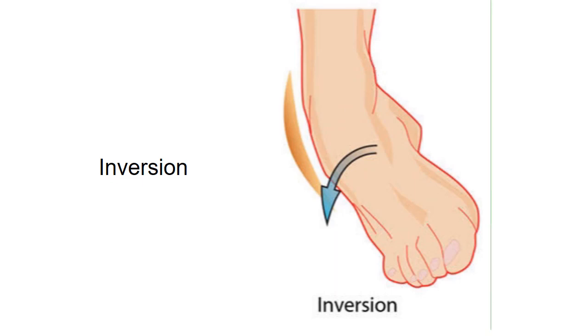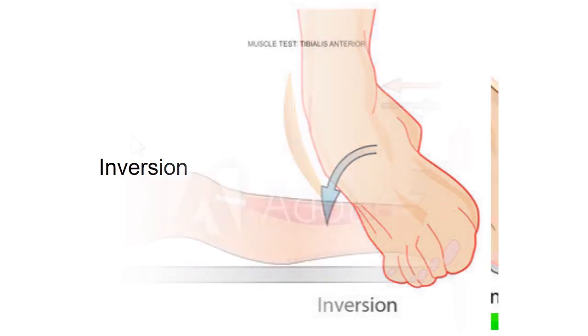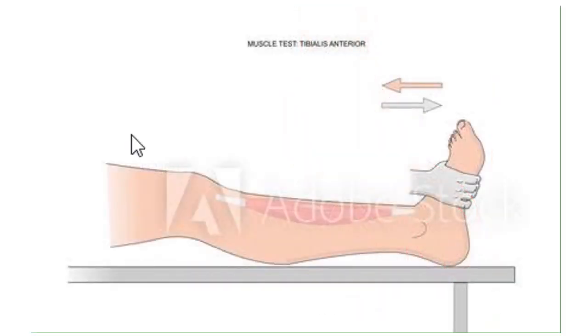Now let's talk about testing of tibialis anterior muscle. This is an image showing testing of tibialis anterior muscle. The person is asked to stand on his heels or dorsiflex the foot against resistance.